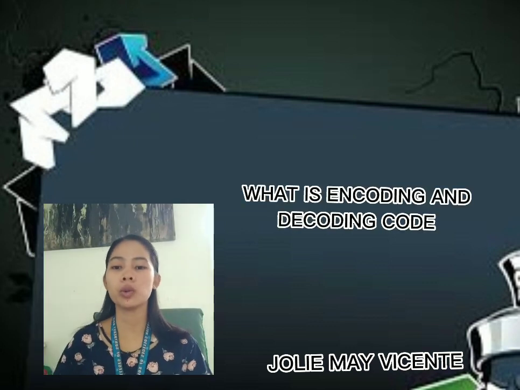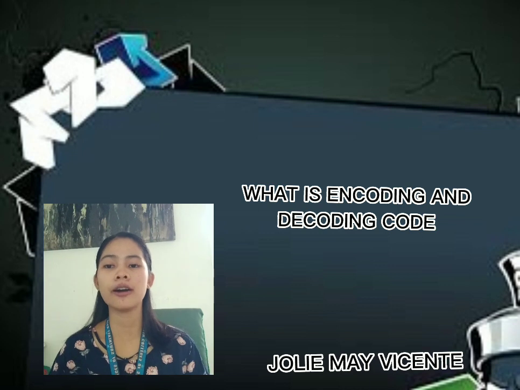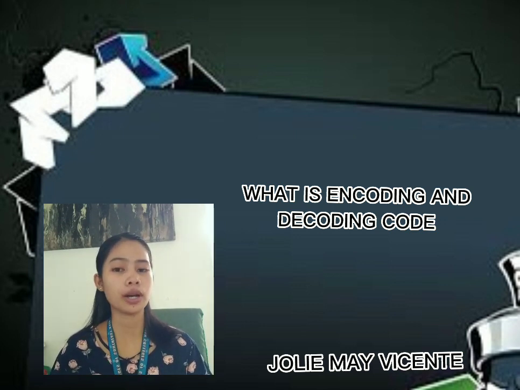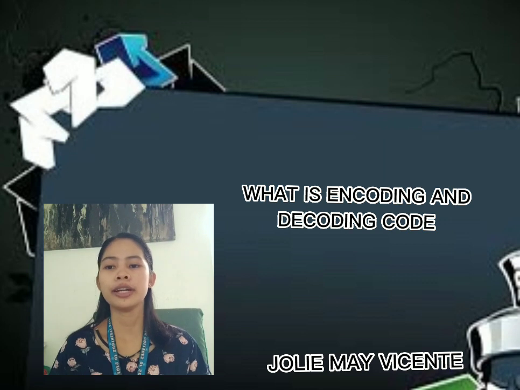What is encoding? Encoding is the process of converting information from one form to another. This can be done for various purposes such as transformation, storage, and security. There are different encoding techniques such as Huffman coding, arithmetic coding, and run length encoding, among others.